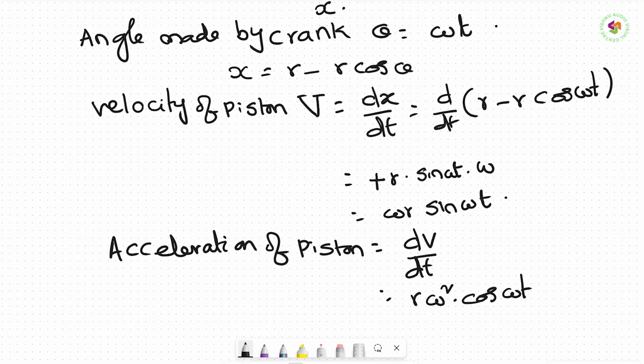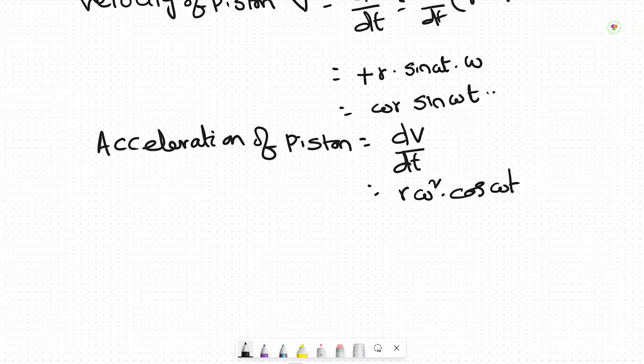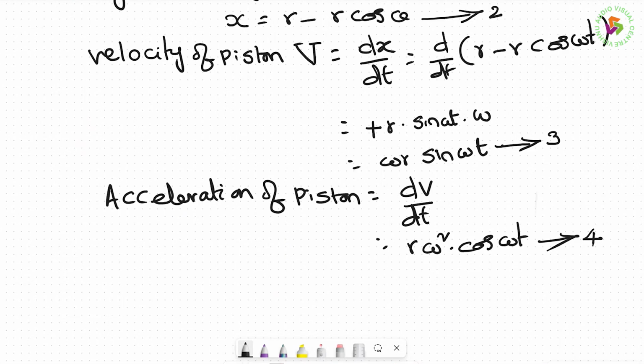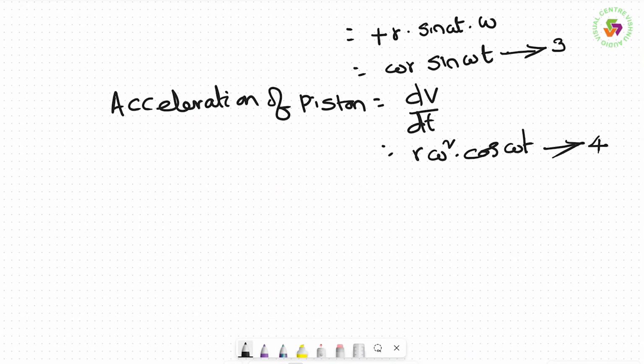So we got for the velocity of the piston and acceleration of the piston, two equations. We started with the x basically first thing, right? And this is the relation between theta and omega. So if I call this as 1, this as 2, this as 3, 4. So acceleration of the piston, I got it.